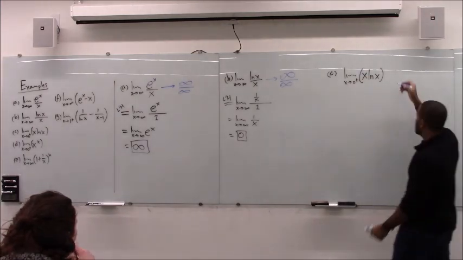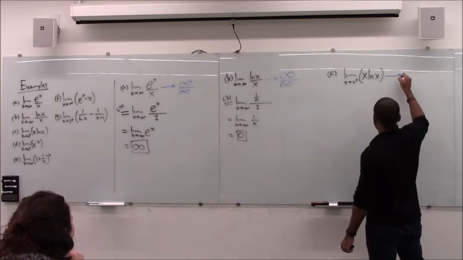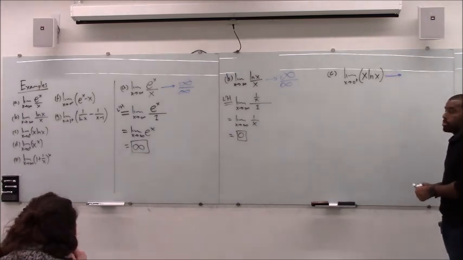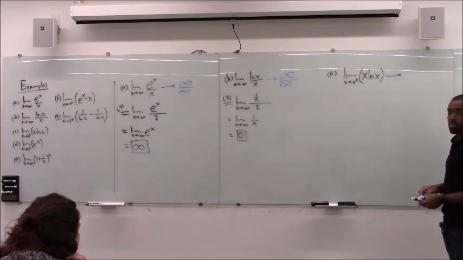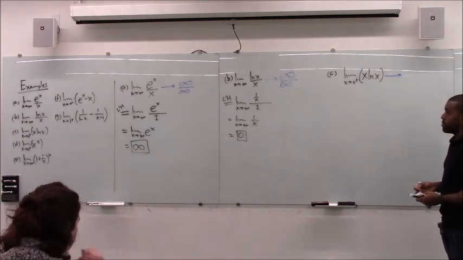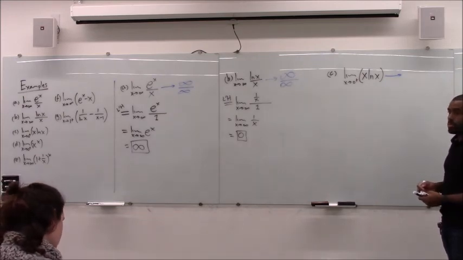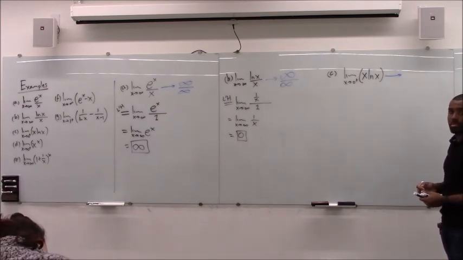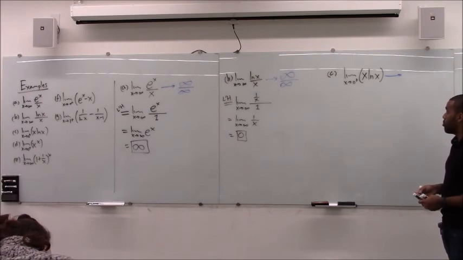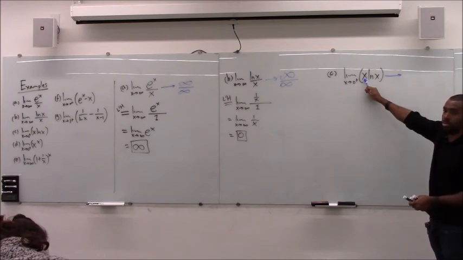Okay, what is this approaching? What is the form here? You're approaching 0. Is it? What does the x get closer to? 0.